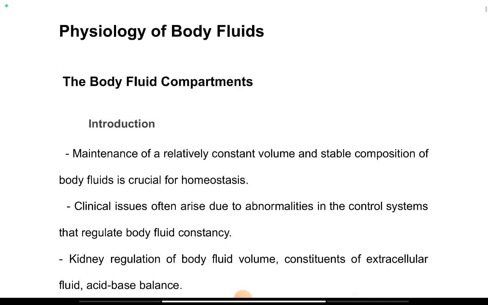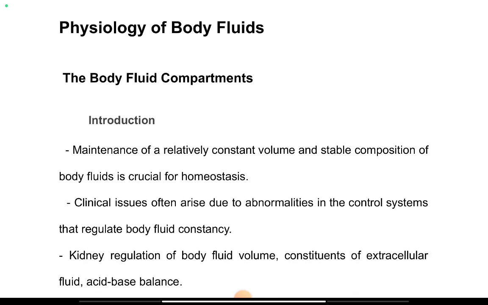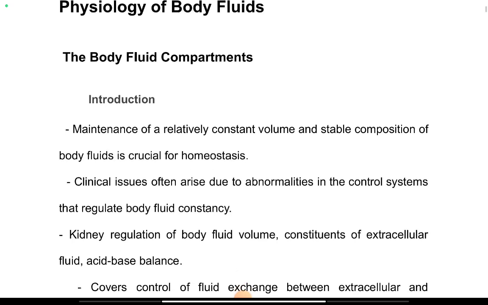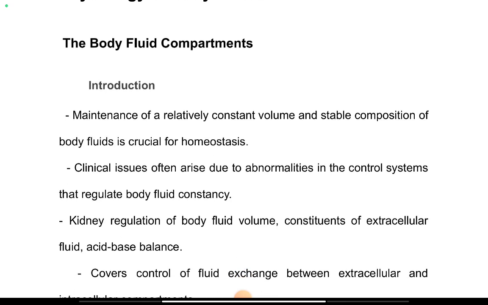Now, by way of introduction, body fluid compartment. That's where we're going to start from. But before moving on, body fluid, as you all know, is fluid in the body. The human body has a non-fluid component and a fluid component.